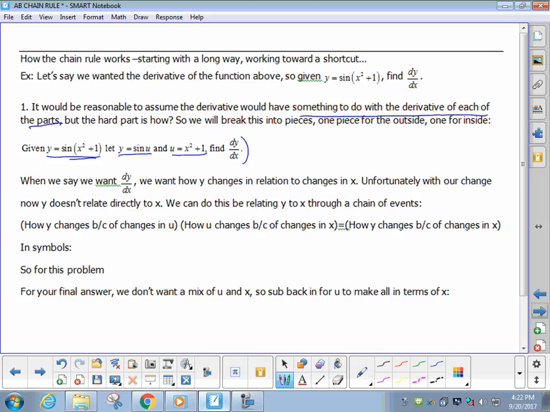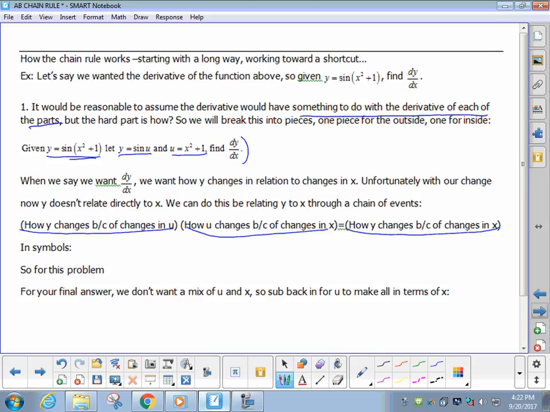Now that I've incorporated this u, y doesn't relate directly to x, kind of like how meters didn't relate directly to inches. We're going to use a middleman of u here. We can look at how y changes with changes in u, and then multiply that by how u changes as x changes. And by doing so, we'll talk about how y changes as an effect of changes in x.